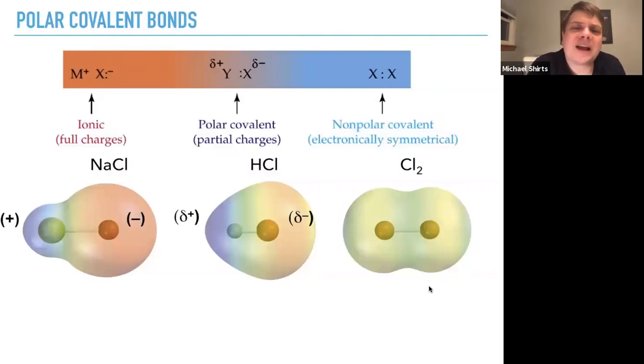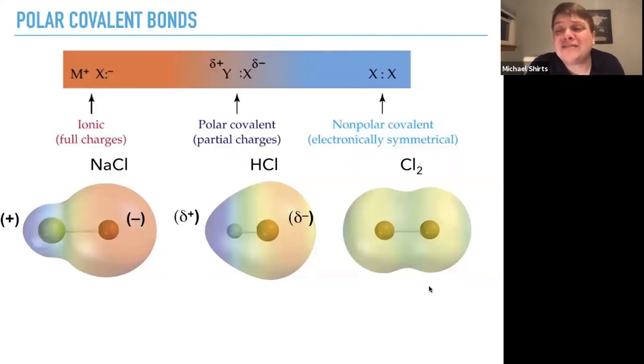However, if you have something like hydrogen chloride, then the chlorine has a big nucleus. It's going to be pulling on those electrons a little bit more. The hydrogen has just one proton in the nucleus. Chlorine's got a lot, and so it pulls the electrons away from the hydrogen.